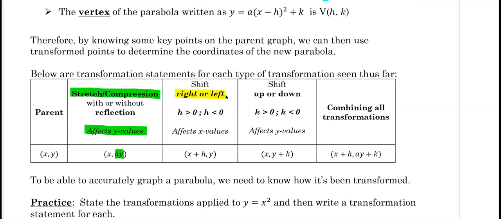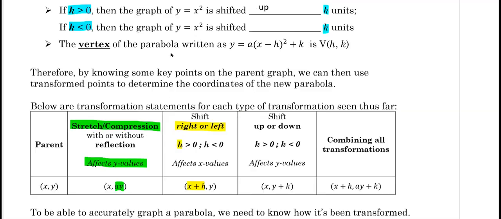And then also the shifting right or left, that is your h value. Left and right movement is along the x-axis. So that's why we have this algebraic notation of adding to the x. Even if h is negative, we're really adding a negative, which will be the same as subtraction, and that's okay.